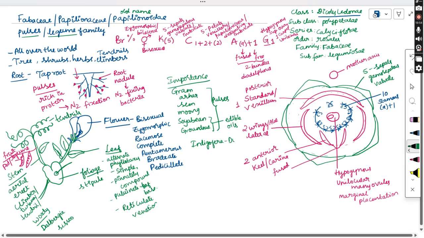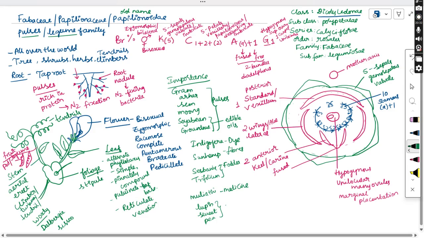Indigofera will be giving the blue color dye, and we will get the fibers from sunn hemp, and the fodder from Sesbania and Trifolium, which will be given as food for the animals. So it is a fodder, and it is having some medicinal plants as well. That is Mulethi, and a few ornamental plants are there, lupin and sweet pea.